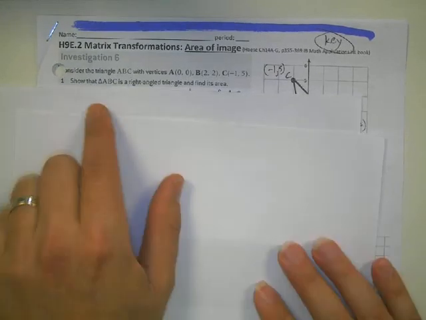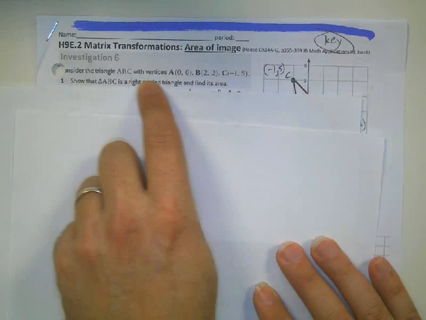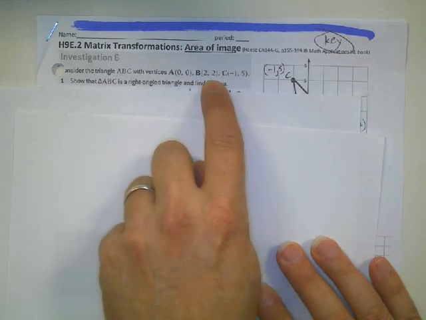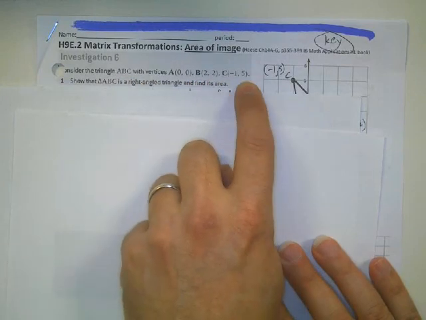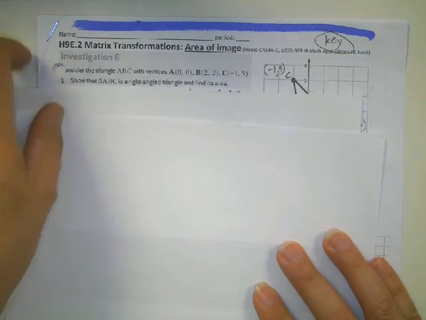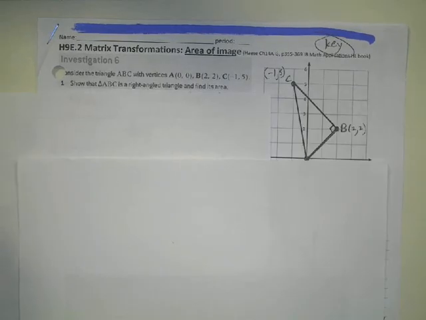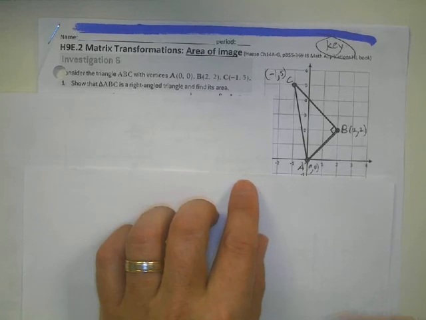So let's look at this first example in our handout from our textbook. Consider the triangle ABC with vertices (0, 0), (2, 2), (-1, 5). Show that the triangle is a right triangle and find its area. The first thing I did is I drew it, and it looks like a right triangle.